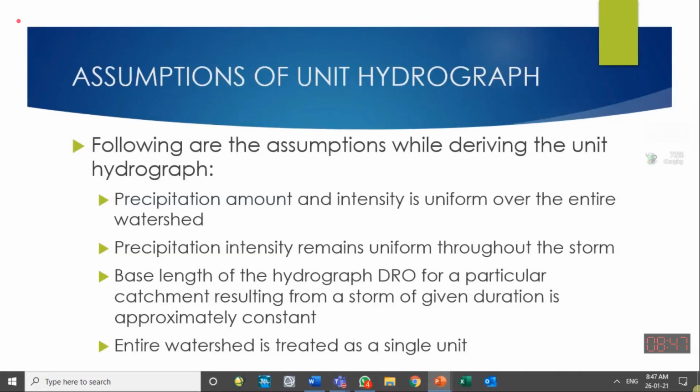So we take 5, 6, 10 different storms of the same duration, make their DRO, and then average out using our judgment. So that is the base flow. The entire watershed is treated as a single unit. Usually we divide the total watershed, and wherever we have an outlet at which hydrographs are available, we take that whole as one catchment.